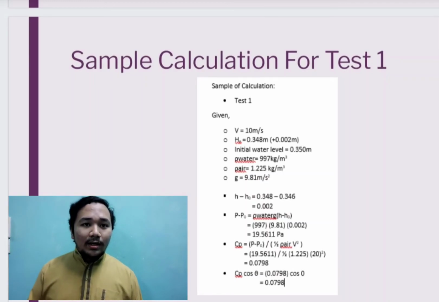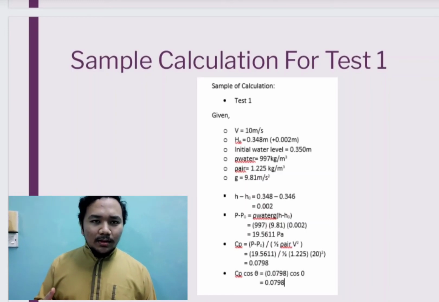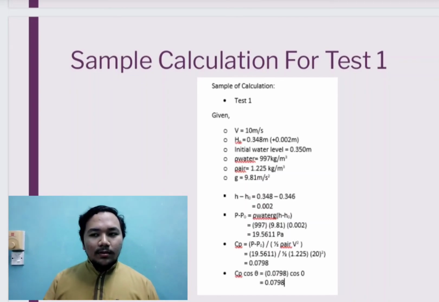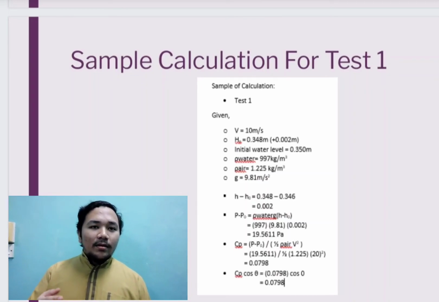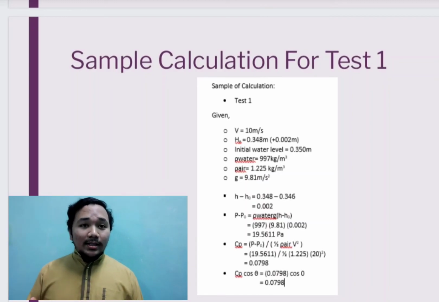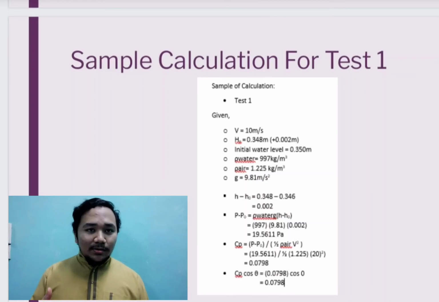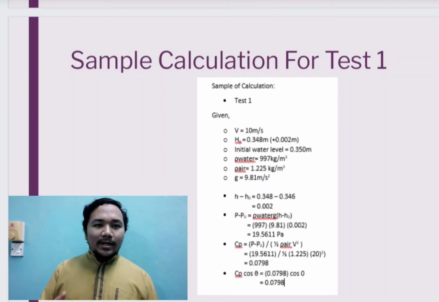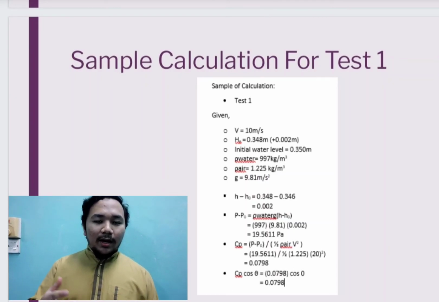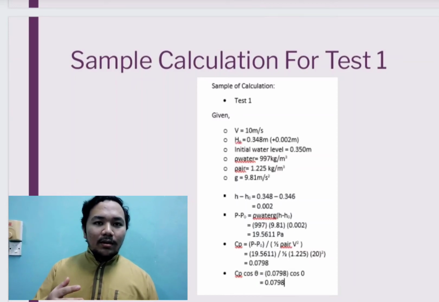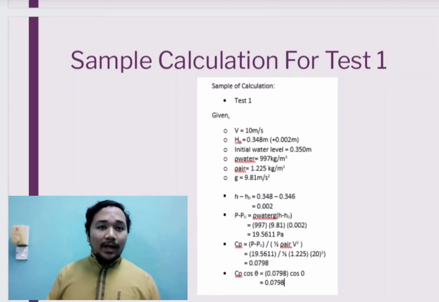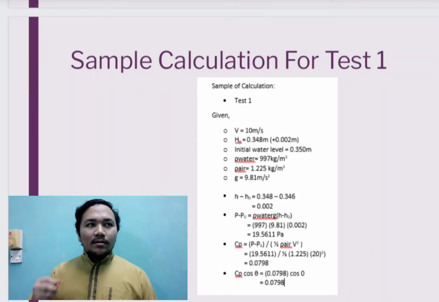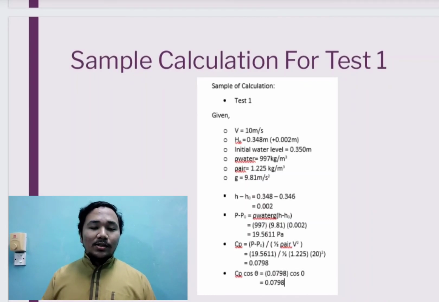Now we need to calculate the coefficient of pressure. Insert the value of pressure minus pressure naught and divide it by 0.5 times density of air times velocity squared.